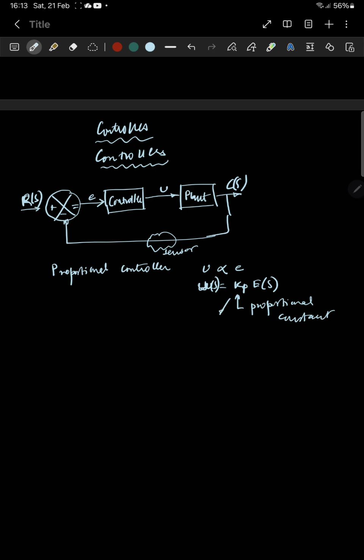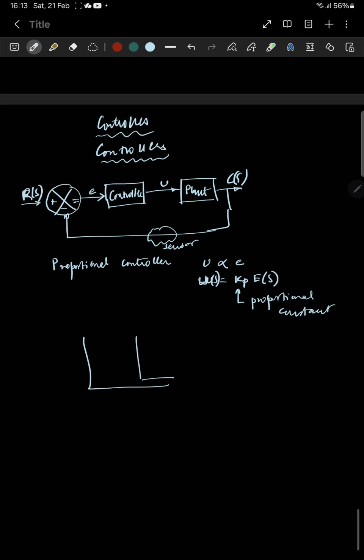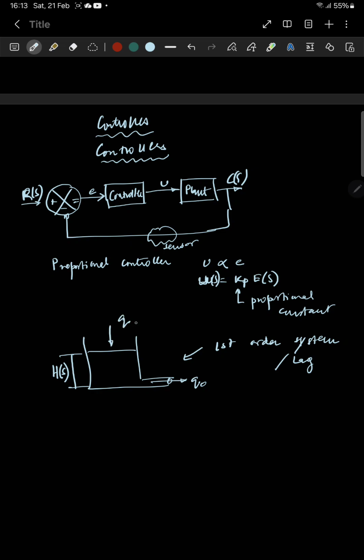I have already discussed this. Let's see an example. This is the example of a first order lag, first order system, or first order lag, right? This is H of S. Q of I is entering.